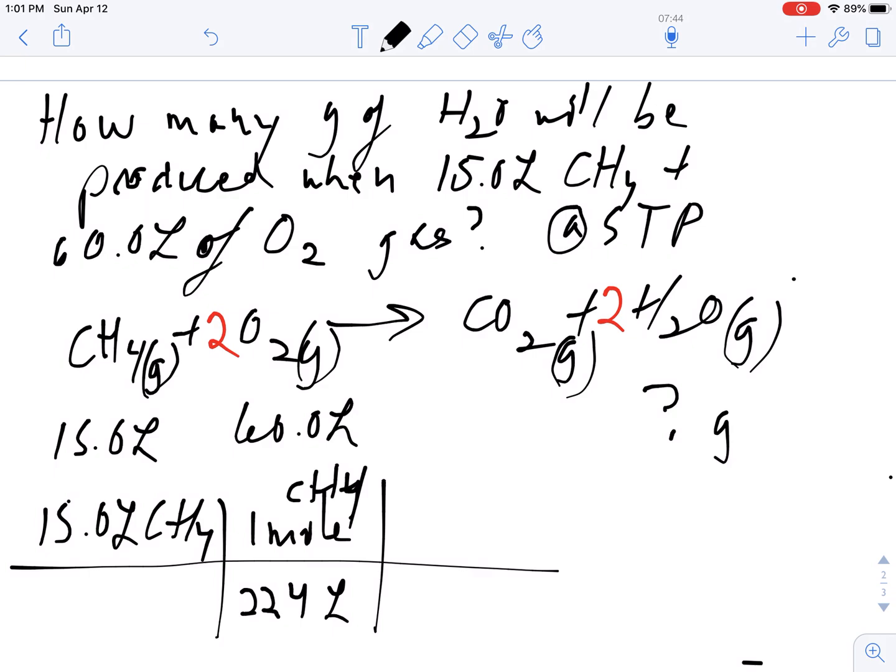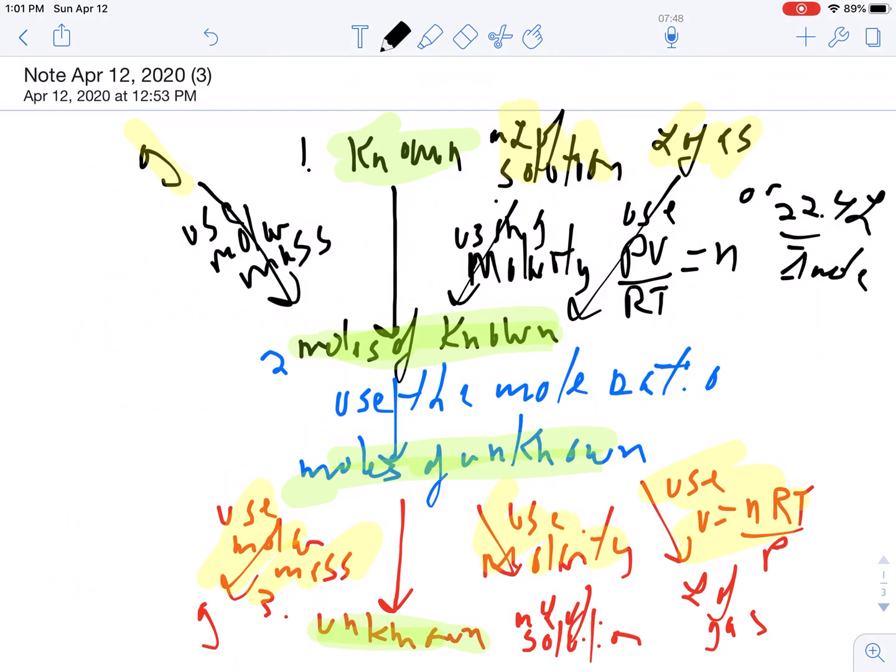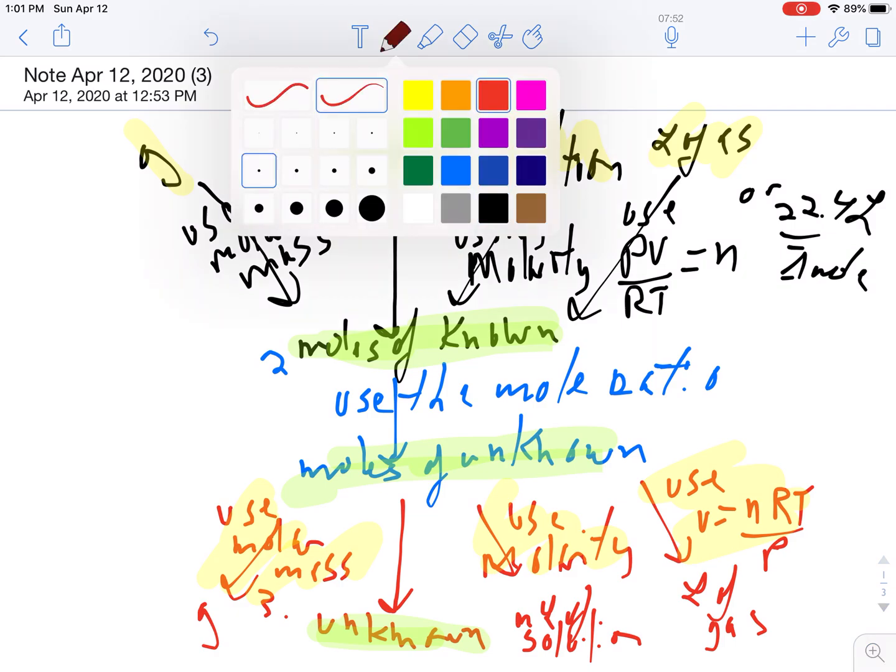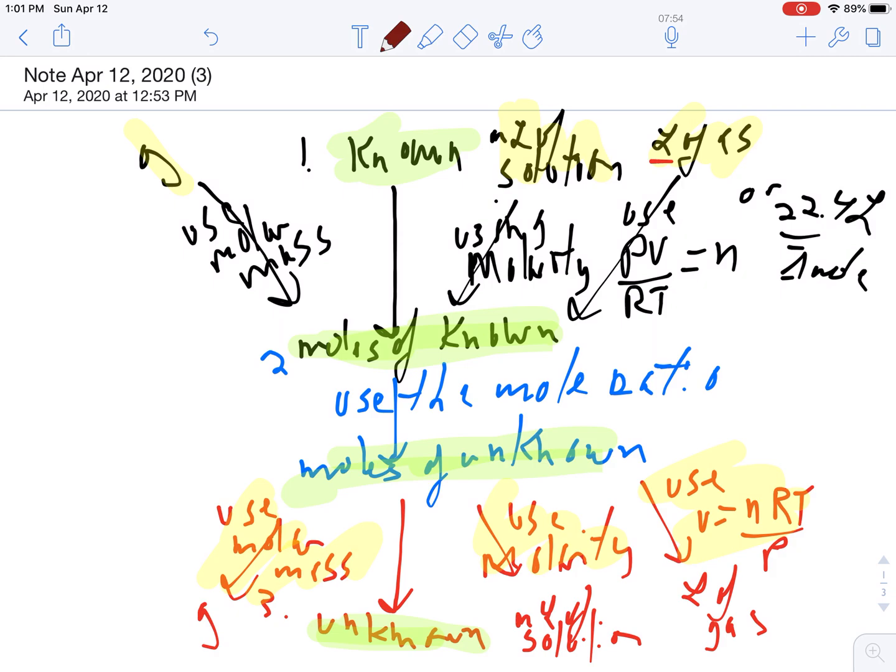So that's the first step. If I go back and I look at my flow chart, the first step is to convert to my moles of known. Okay? And I'm doing that using the 22.4 liters.